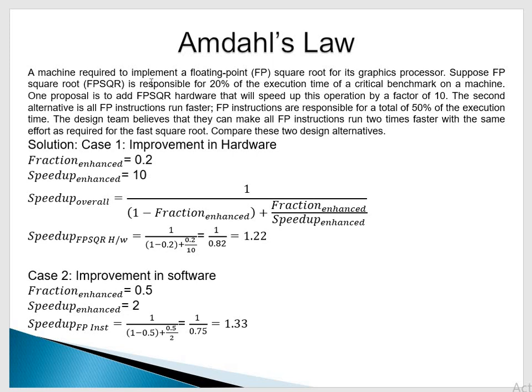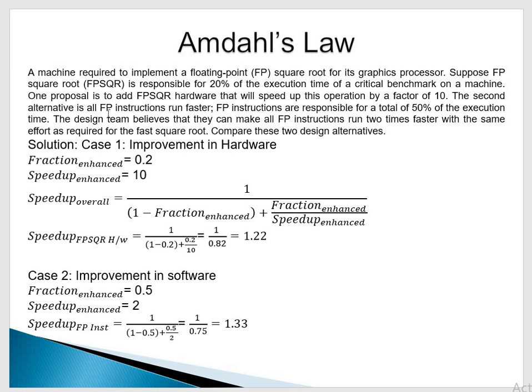The designer has proposed to include hardware for the floating point square root, which will increase the speed of the operation by a factor of 10. This was the first proposal. The second proposal: we will not introduce any hardware, we will just improve the floating point instructions, which will make that particular program fast.